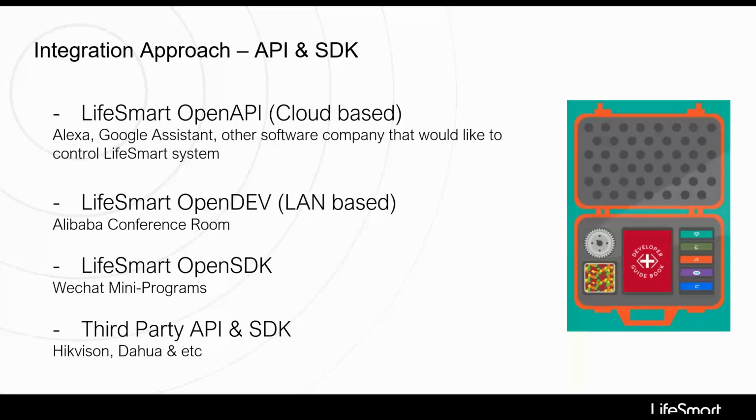For instance, Alexa, Google Assistant, or other software companies that would like to control LifeSmart systems, we often recommend them to use LifeSmart Open API. After they finish the integration by Open API, they can control all our systems through their cloud or our cloud.